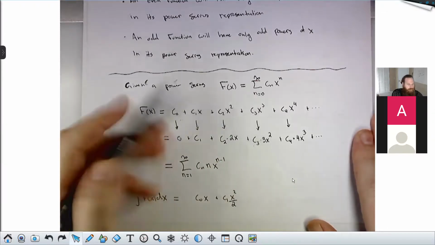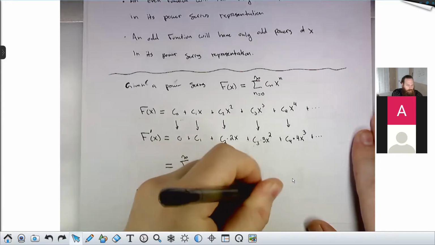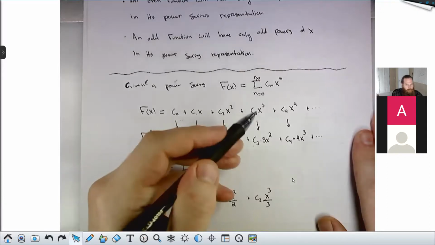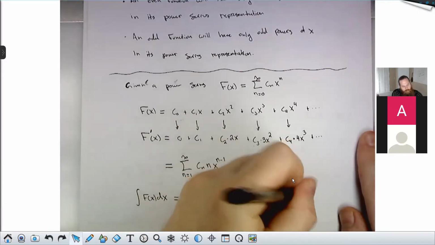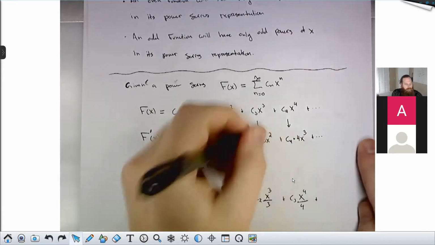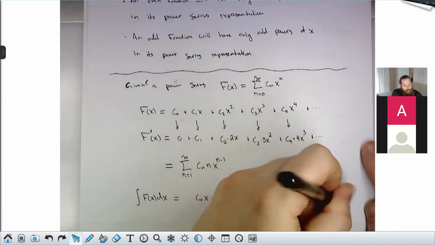If you integrate C2x squared, that would become C2 times x cubed over 3. If you integrate C3x to the 3, that would become C3 times x to the 4 over 4. And if you integrate C4x to the 4, that would become C4 times x to the 5 over 5.